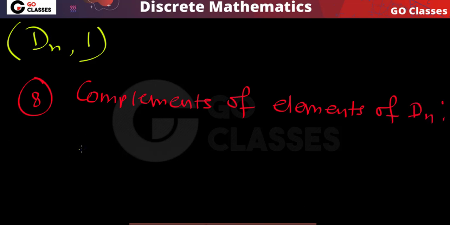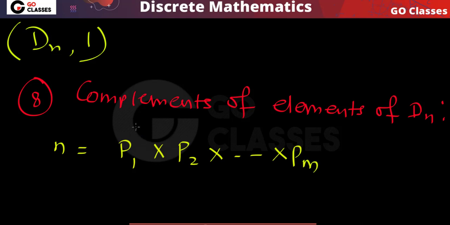So remember, for example, if this number n is like p1 multiplied by p2 multiplied by and so on up to pm, so if all the powers are 1, then n is square free, and in this case every number will have a complement.